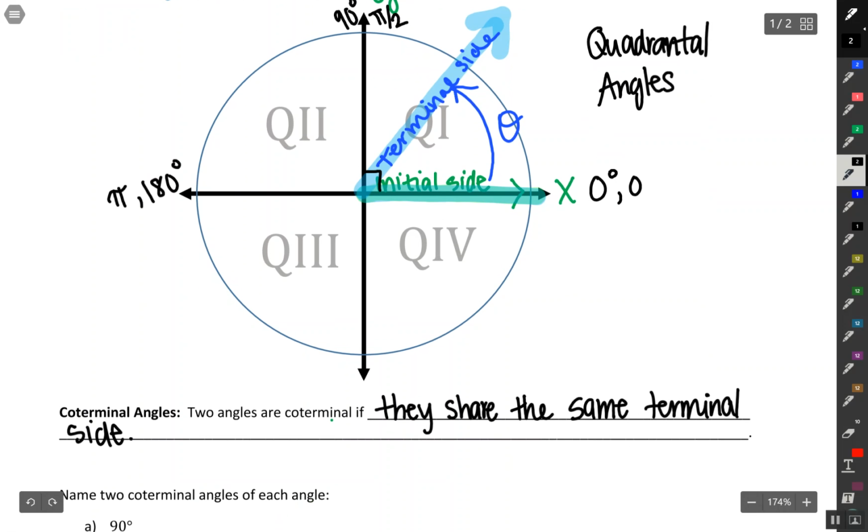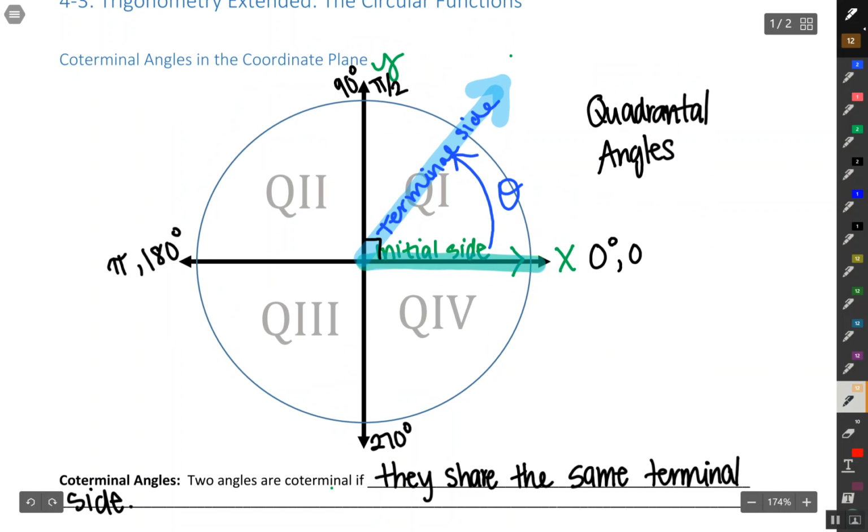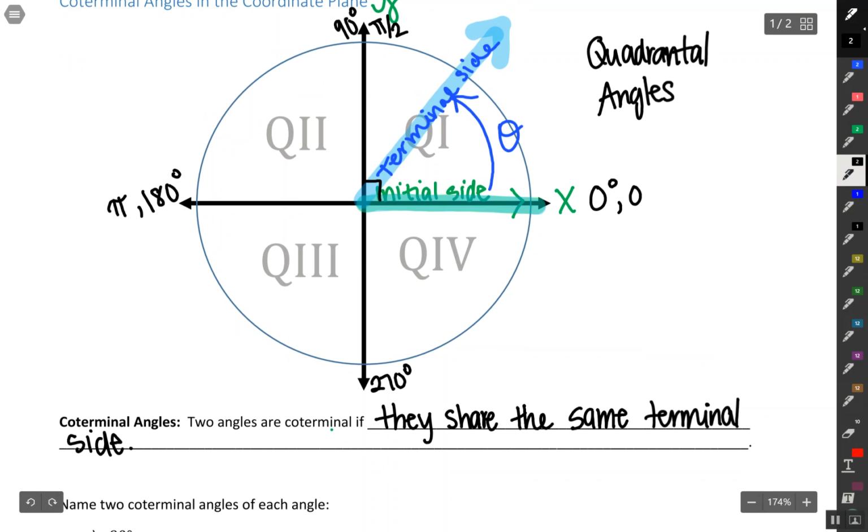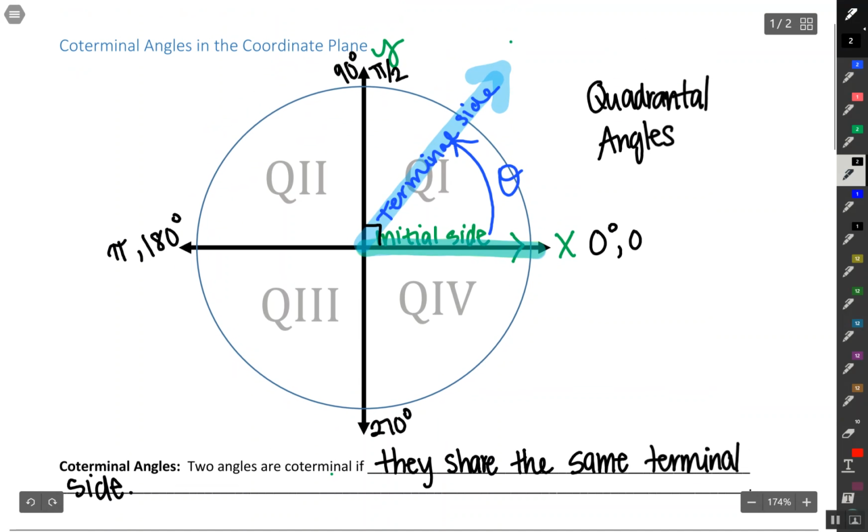Going down to the bottom, this is 270 degrees. Just think of it as wrapping around 90, 90, 90. That's three 90s, so that's 270 degrees. And in radians, remember, I talked about this with you, you count by pi over 2.